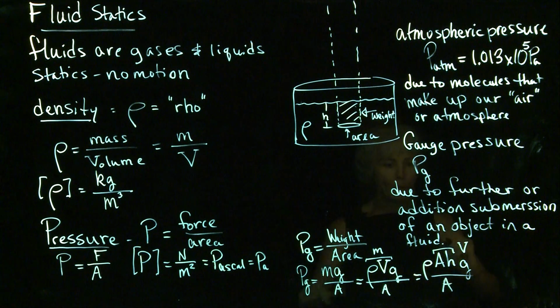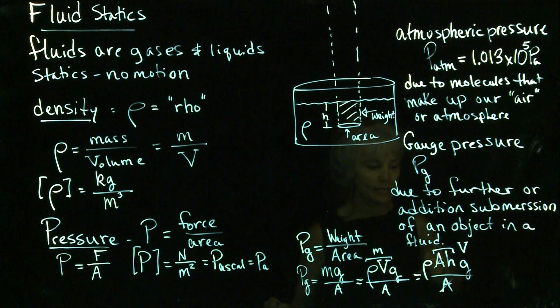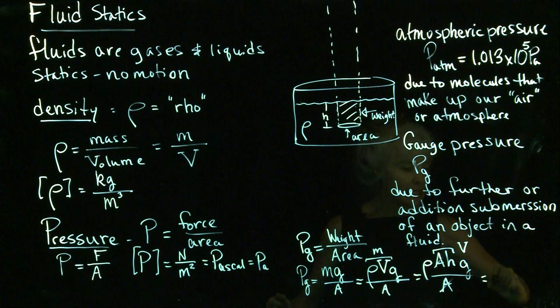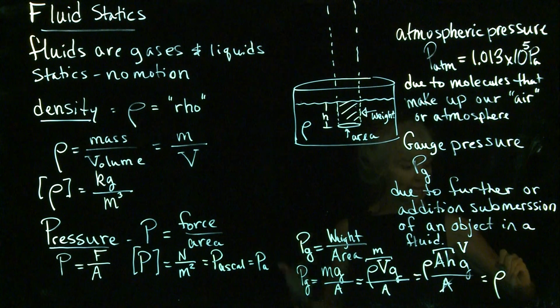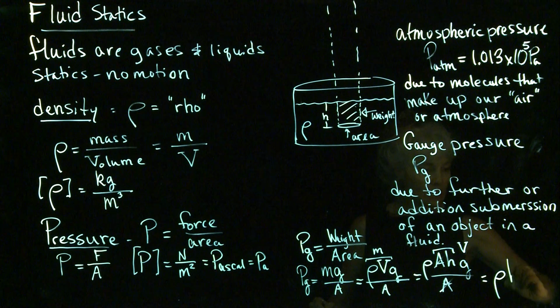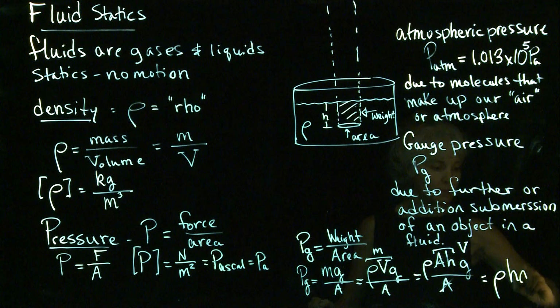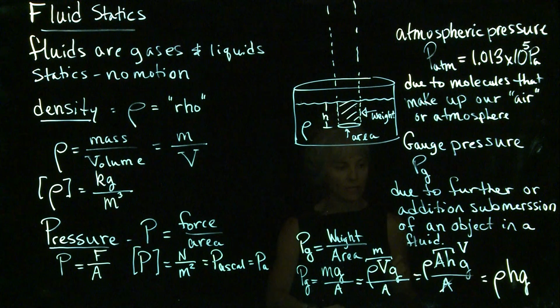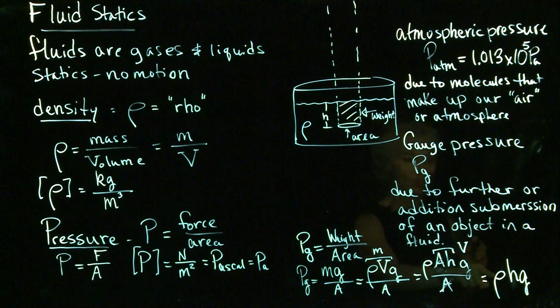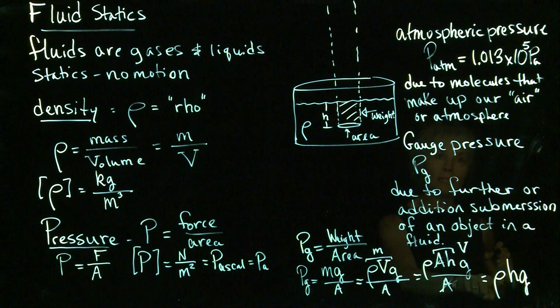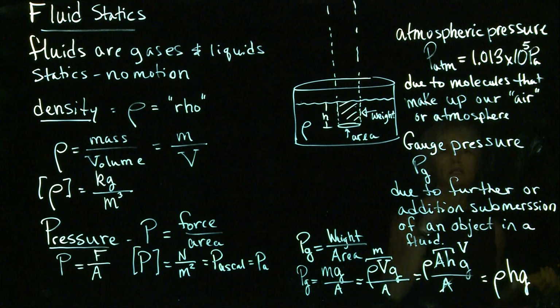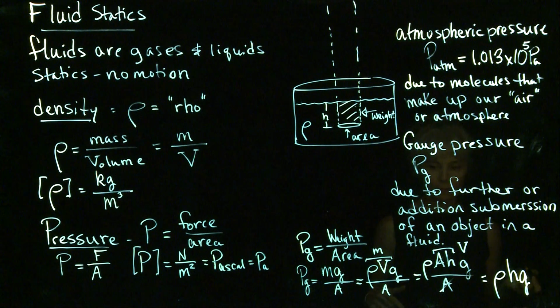And notice what's happened here is that I can get these areas to cancel out, and gauge pressure is just the density of the fluid the object is further submerged in times how deeply it is submerged in that fluid times the acceleration due to Earth's gravity. So gauge pressure always is going to be the density of the fluid that the object is further submerged in, how deeply that point is submerged, times the acceleration due to Earth's gravity.